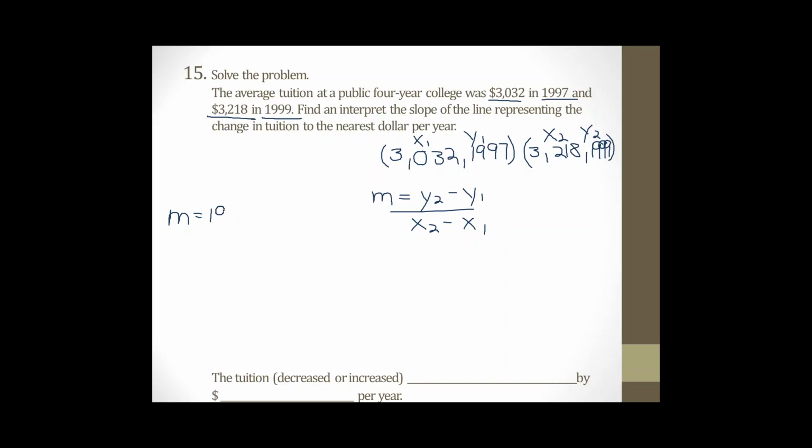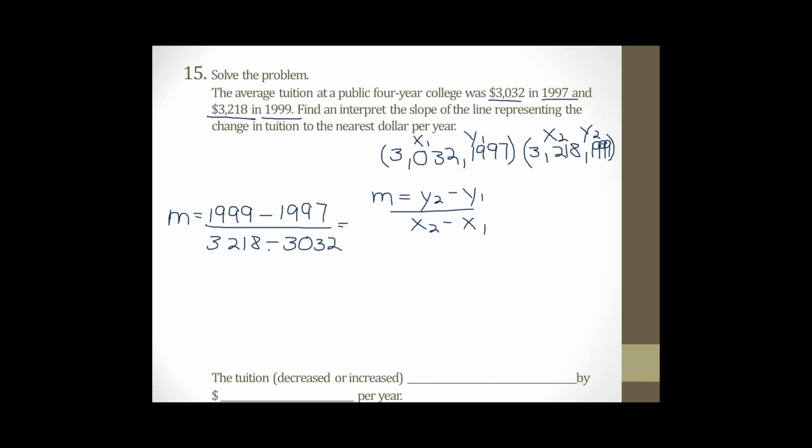So x2 is 1,999 minus x1, which is 1,997, all that over y2, 3,218 minus y1, 3,032.